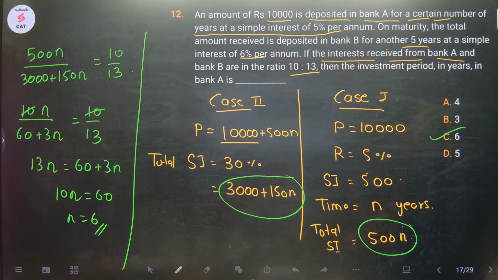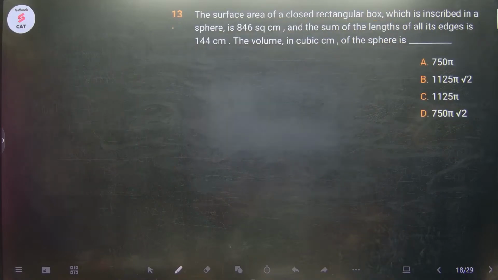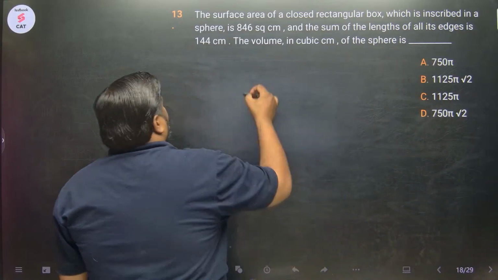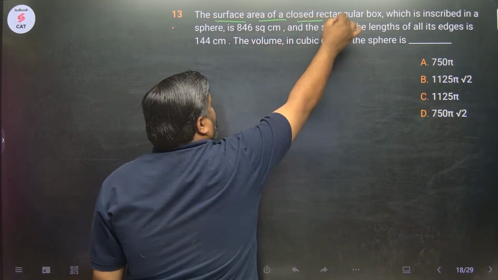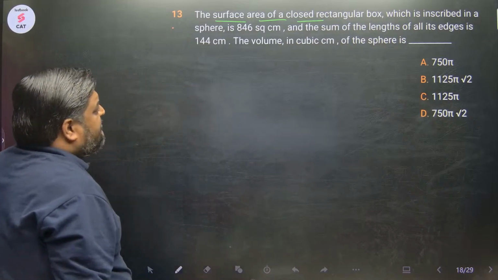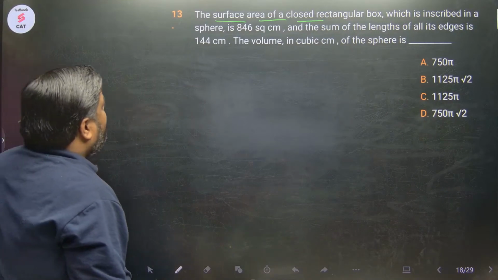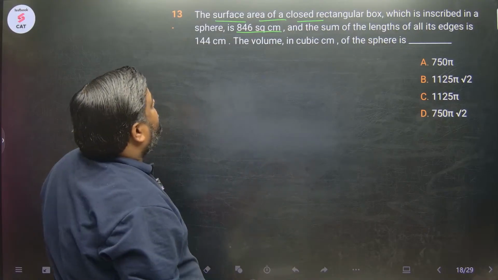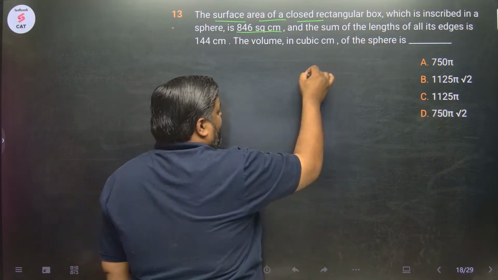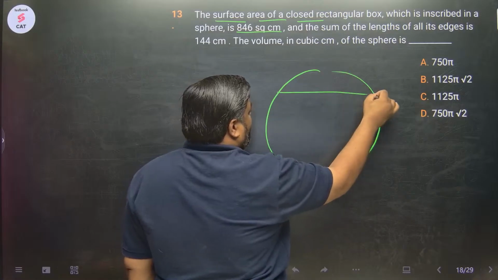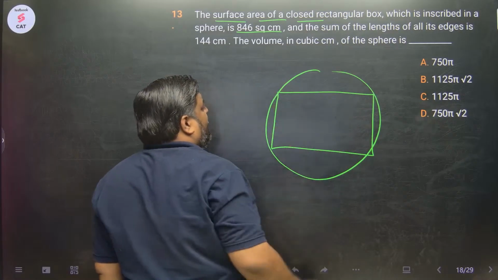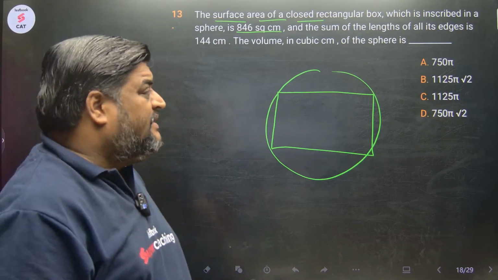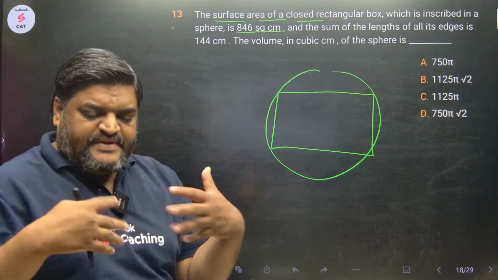लेट्स जंप टू नेक्स्ट क्वेश्चन, क्वेश्चन नंबर 13. द सरफेस एरिया ऑफ अ क्लोज्ड रेक्टेंगुलर बॉक्स which is inscribed in a sphere is 846 centimeter square. So there is a sphere, उसके अंदर एक रेक्टेंगुलर बॉक्स है. I have shown 2D, but you have to visualize.